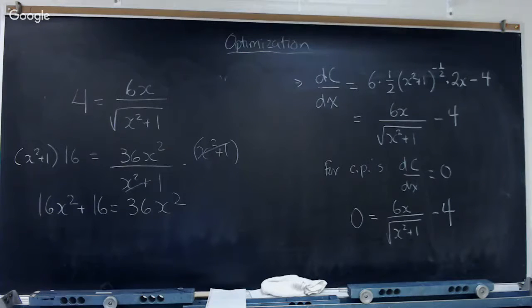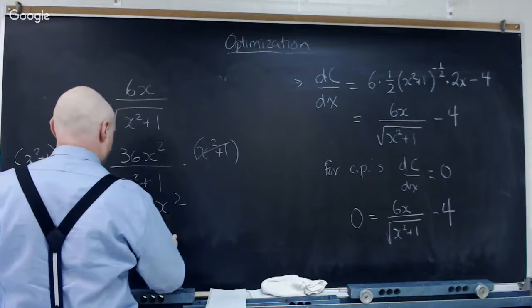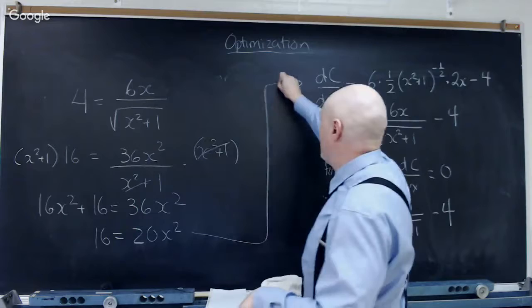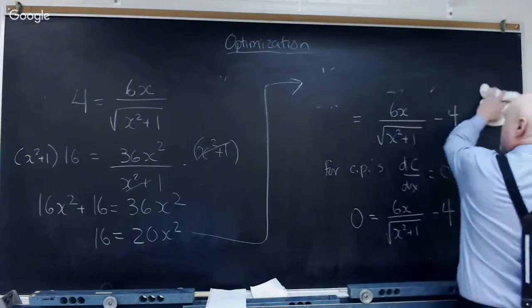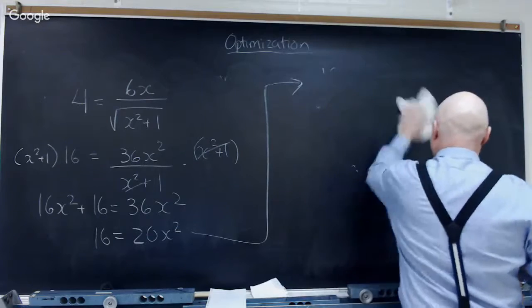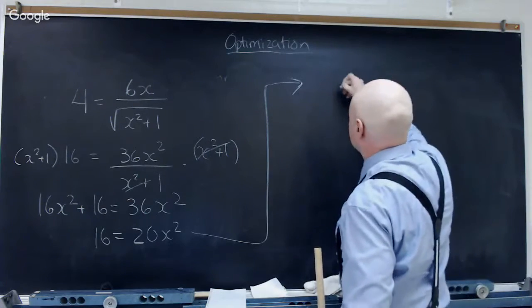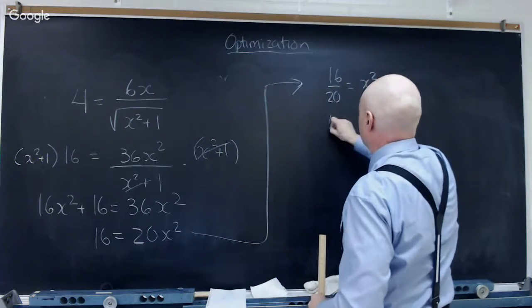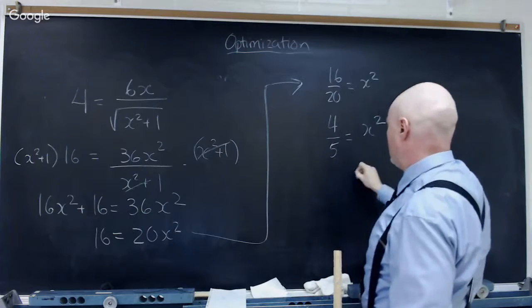Let's get the x's all on one side. 20x squared. So 16 over 20 is equal to x squared. 4 over 5 equals x squared.